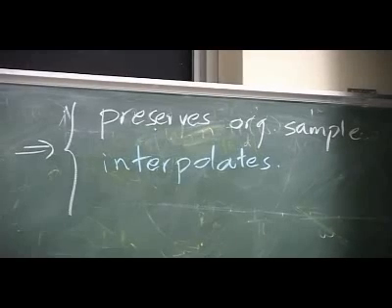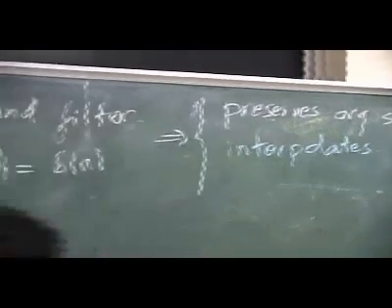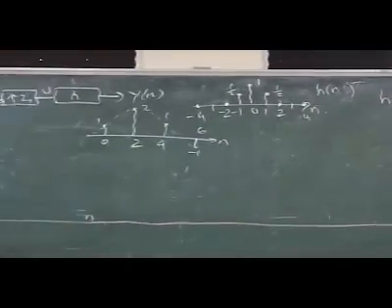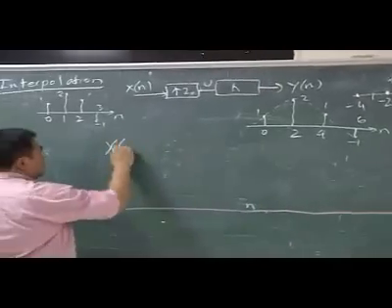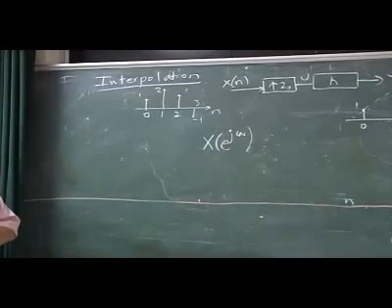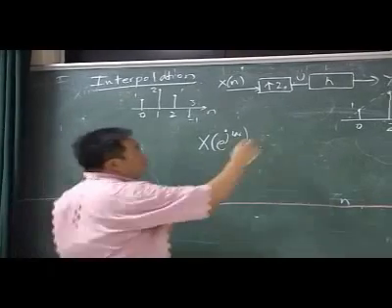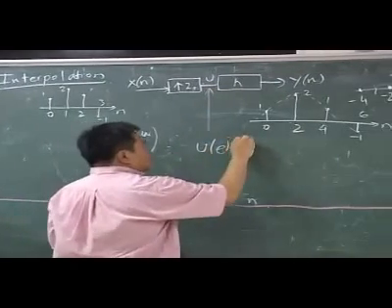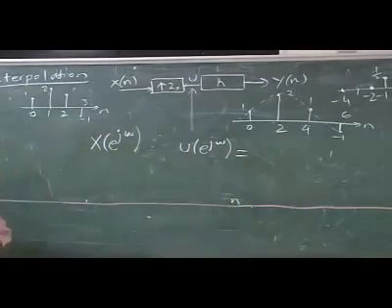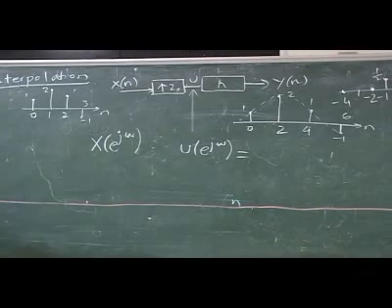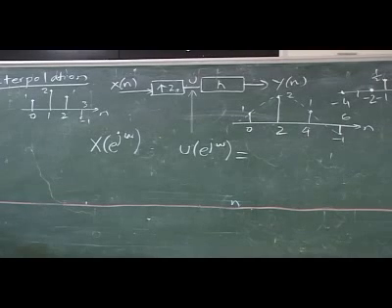Is that clear? So I'm going to discuss this in terms of frequency domain now. If I have x of e to the j omega, that's the Fourier transform for x. What does u look like? What is u of e to the j omega equal to? Is it related to x?